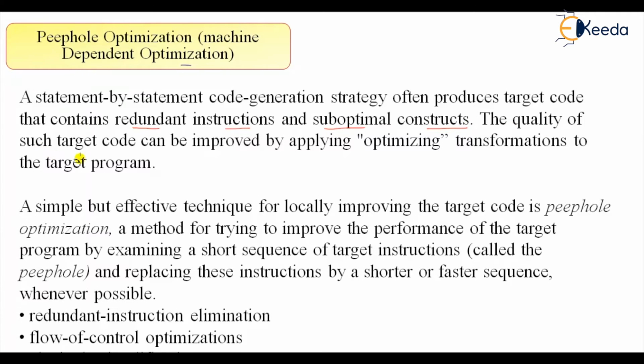The quality of such target code can be improved by applying optimizing transformations to the target program. A simple but effective technique for locally improving the target code is called peephole optimization, a method for trying to improve the performance of the target program by examining a short sequence of target instructions called the peephole.